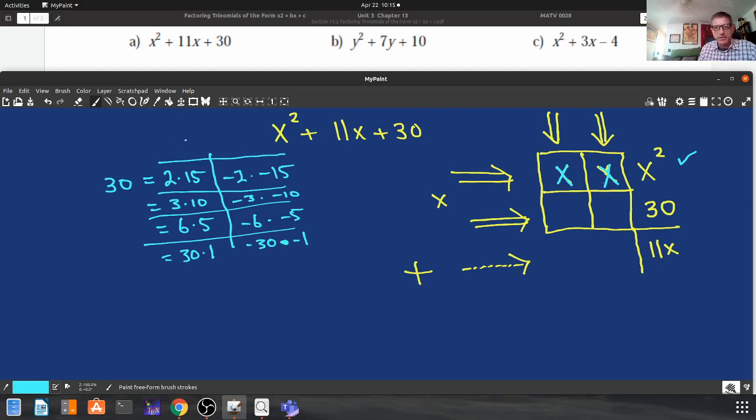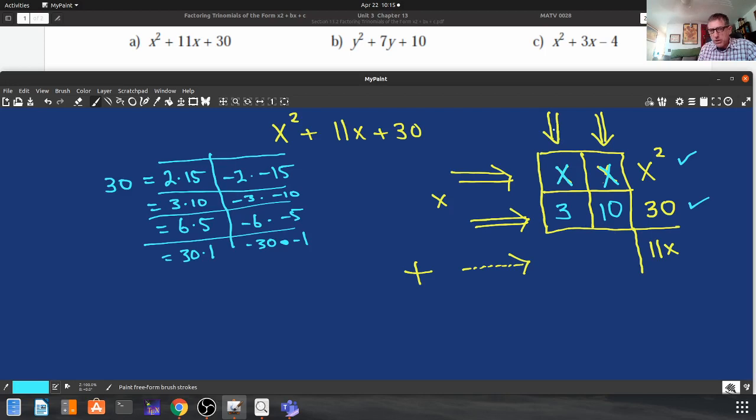So this is the guessing step. I'm just going to choose one of these factorizations. And I'm going to choose 3 and 10. Now 3 times 10 is equal to 30. So my row multiplication is satisfied.